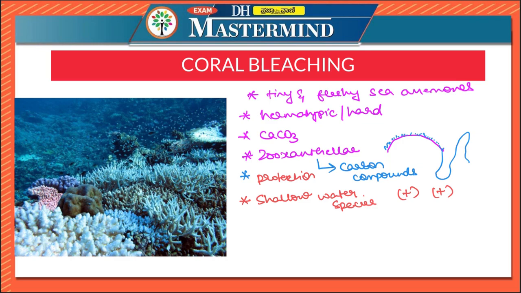Hence, these zooxanthellae need to reside in the photic zone, that is, the region in the ocean or any water body till where the sunlight can reach. So, since they have to be in the photic zone, they have turned out to be shallow water species. If they were deep water species, it would be the aphotic zone, and the zooxanthellae would not be able to perform photosynthesis, which would harm the symbiotic relationship between a coral polyp and zooxanthellae.